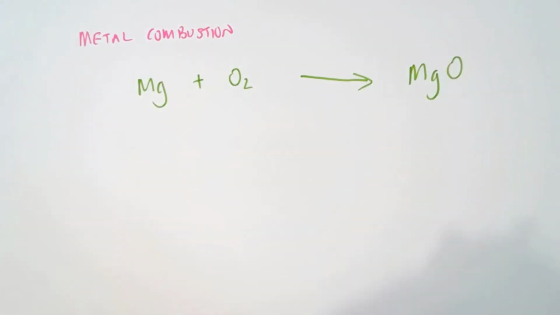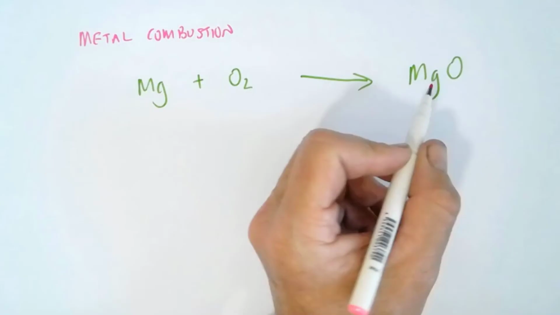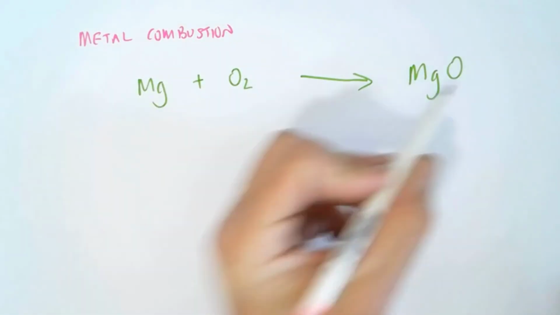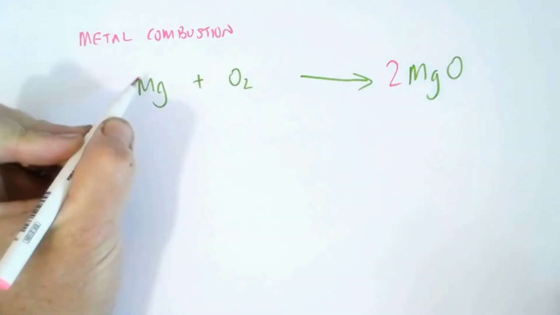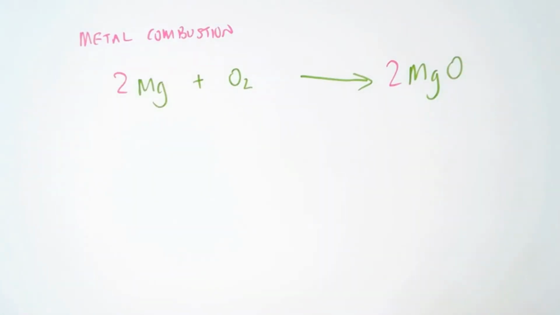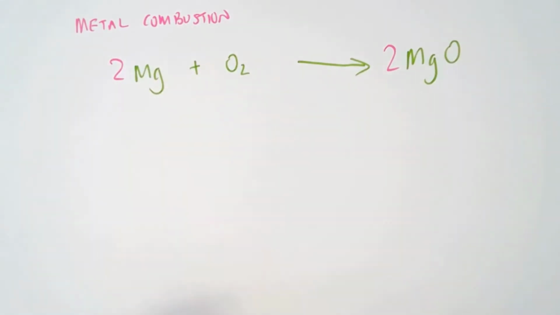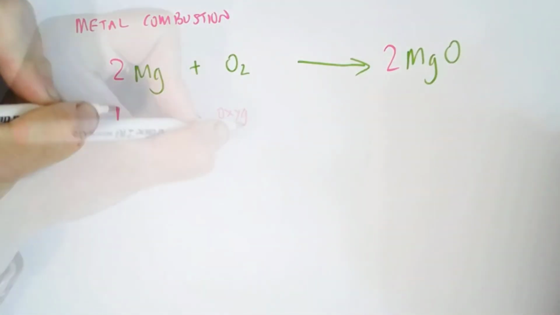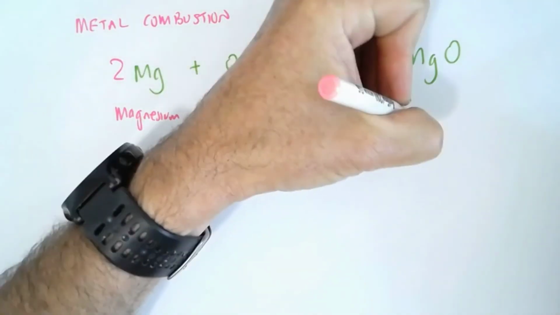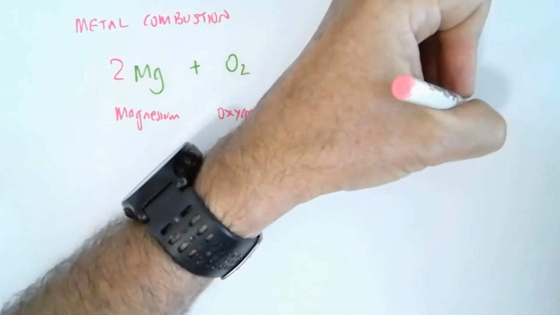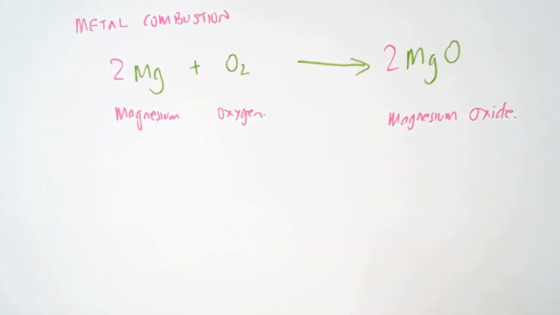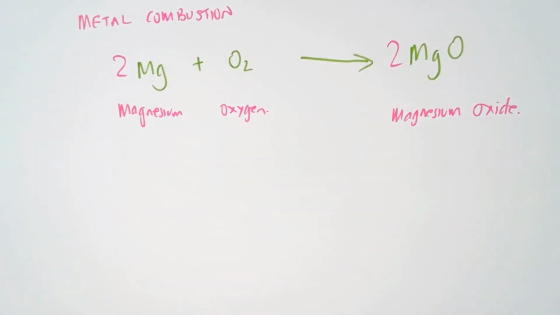So that is the formula for magnesium oxide. We've got 1 oxygen here, 2 oxygen here, and that's balanced. So the combustion of a metal produces an oxide. So this is the magnesium metal, oxygen, magnesium oxide. Okay, so that's combustion of a metal.